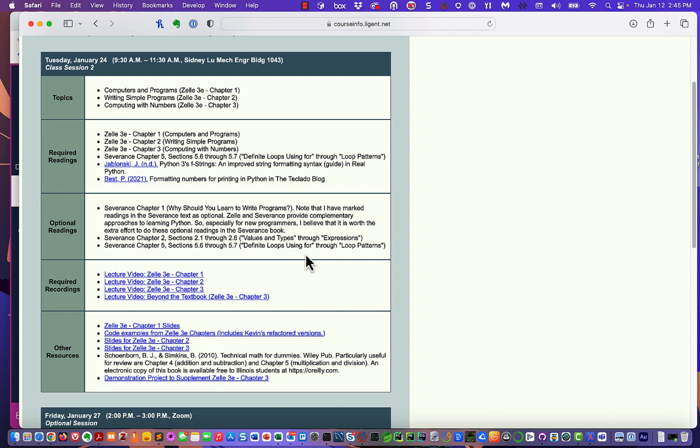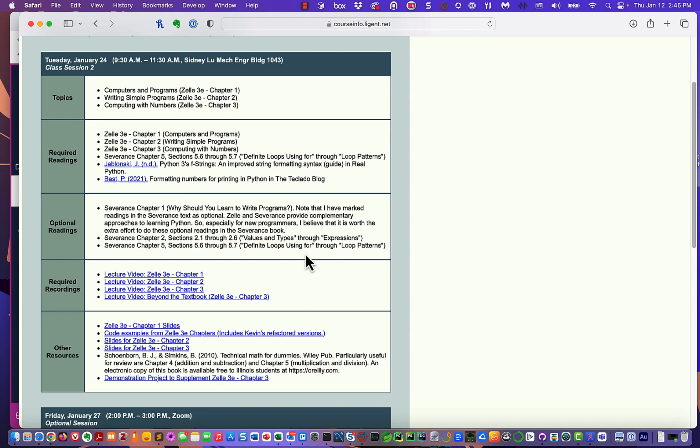The first two are pretty introductory. Pretty important for people who've done no programming before, less challenging for people who have done some programming of some kind before. But the first real content, the first thing that has a hand-in assignment is chapter 3. And chapter 3 is about computing with numbers.